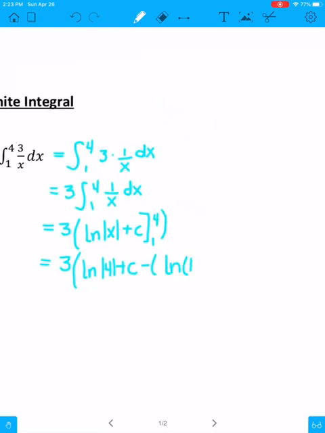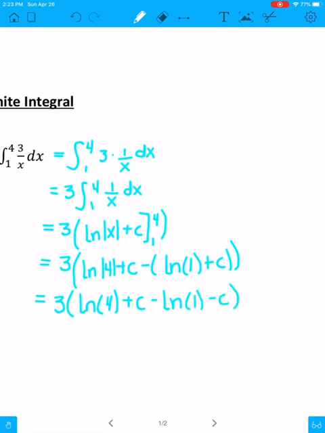So I get 3 ln of 4, because the absolute value of 4 is just 4, plus c, minus ln of 1 minus c. These cancel, and I'm left with 3 ln of 4 minus ln of 1. And so I get 3 ln 4 minus 3 ln 1.